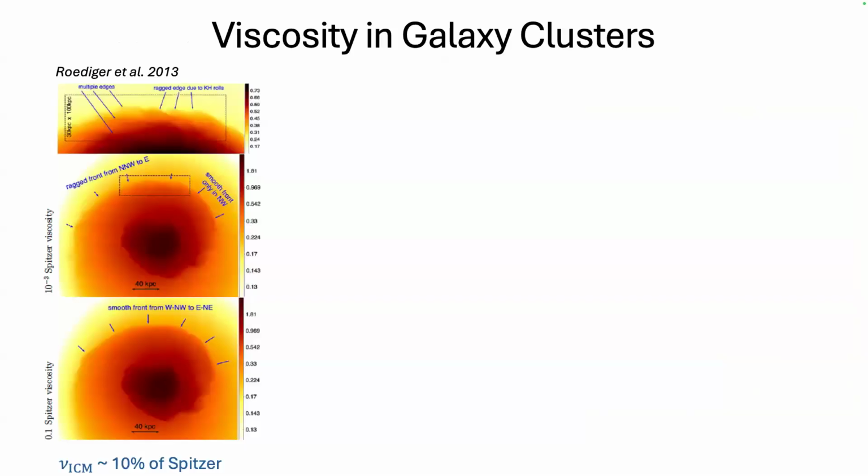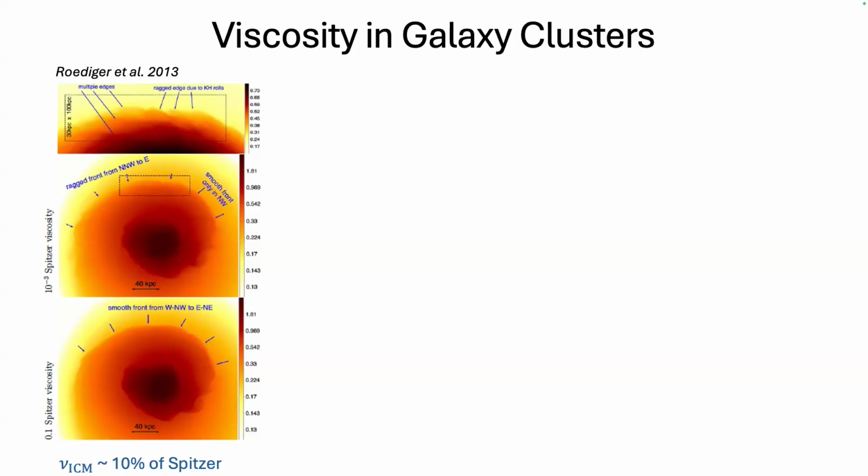And we have also had multiple studies which have tried to measure the viscosity of the ICM. Why is understanding the viscosity of the ICM important? Because it tells us how turbulence is dissipated into heat in the ICM and tells us a lot about the kinematics of the system itself. So this here is work that looked at sloshing cold fronts in the ICM.